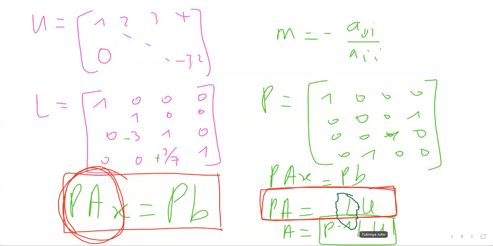Is it the one which has been replaced by P? No, you are using this L, the L you have obtained after your process. This is your U, this is your L, and this is your P. This is the P we use, right?